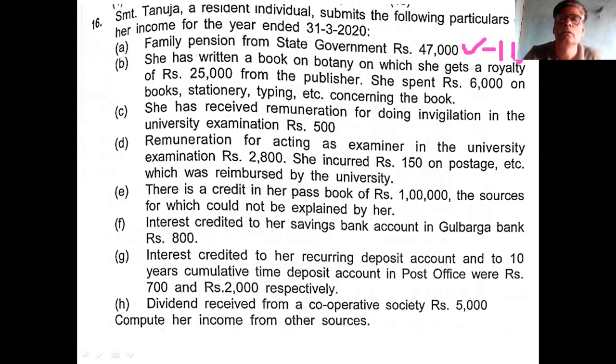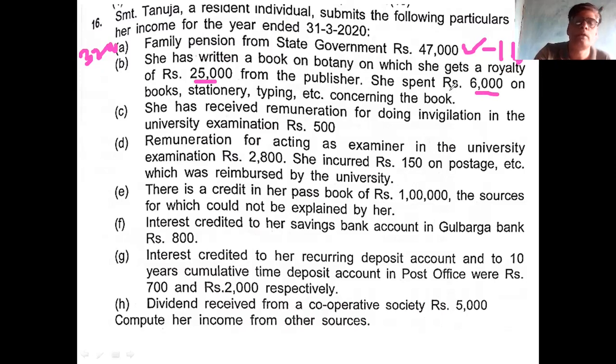15,000 is exempted, the remaining amount is taxable. That is 32,000. And regarding the second point, she wrote a book of botany and got a royalty of 25,000. Royalty gross is 25,000. 6,000 is the related expense. 25,000 minus 6,000 is 19,000.